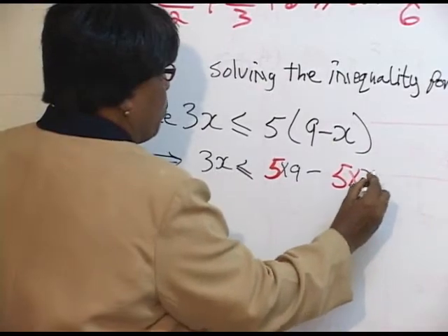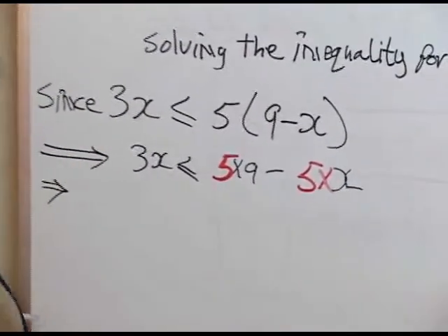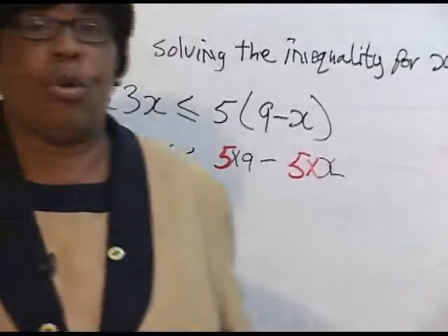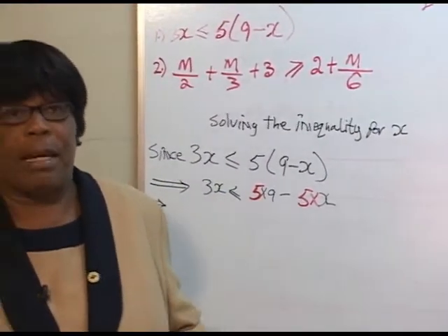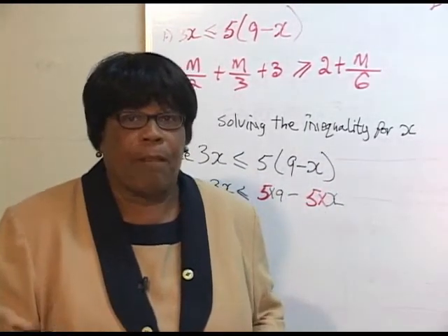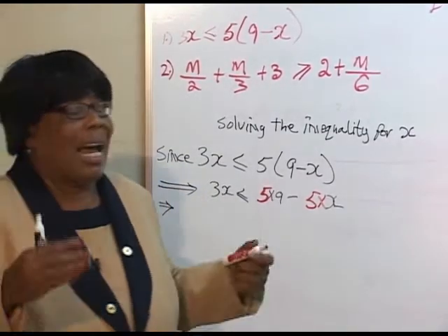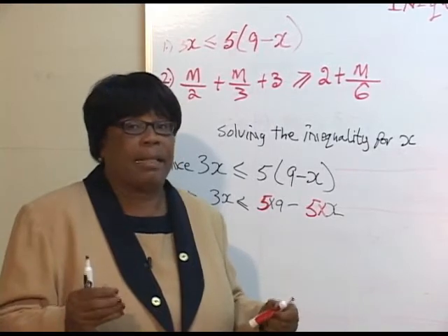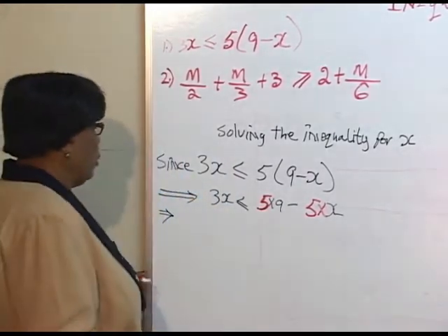And take it from me, more often than not, the mistake is made right at this juncture, because seemingly, as soon as you have said 5 times 9, you forget that you must multiply 5 times the x. Do not forget that. Speak to yourself every time, okay? And the first thing you're going to say is, I must remember to multiply everything in the bracket by the number outside. You can't go wrong, okay?